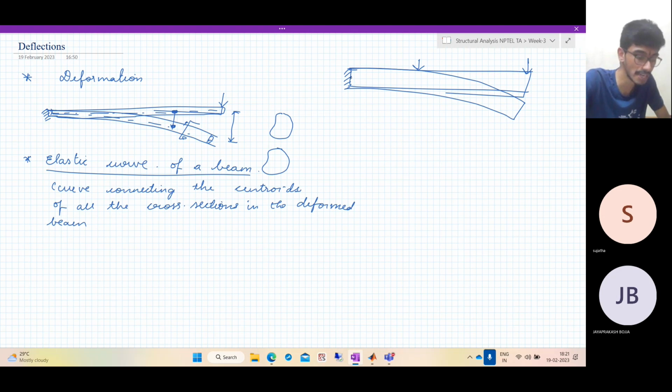In the deformed beam, this is a section, this is another section, and so on. Take all these sections, find their center points, which is called the centroid. A curve passing through all the centroids in the deformed beam, we call that curve the elastic curve.